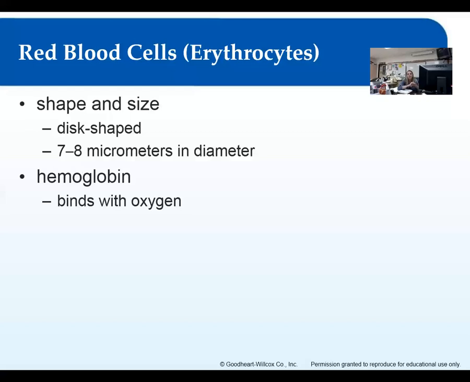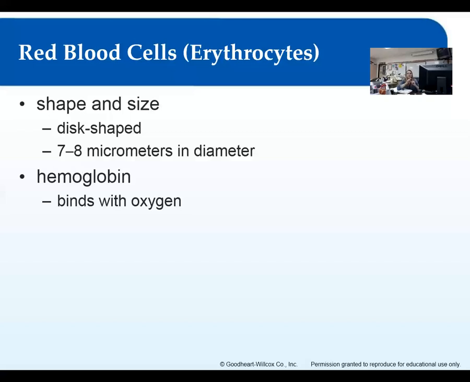One red blood cell has about 250 million hemoglobin on it. So one red blood cell can have 250 million hemoglobin. Now each hemoglobin molecule has 4 heme binding sites that can hold an oxygen molecule.